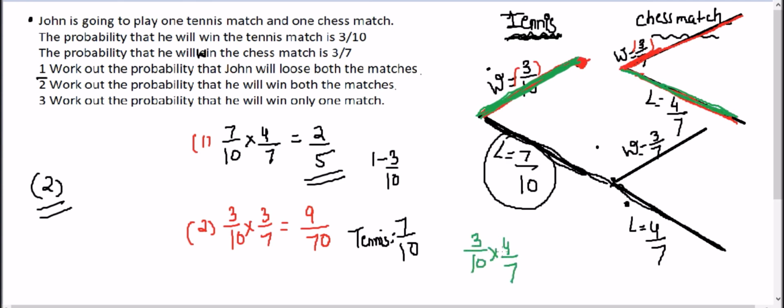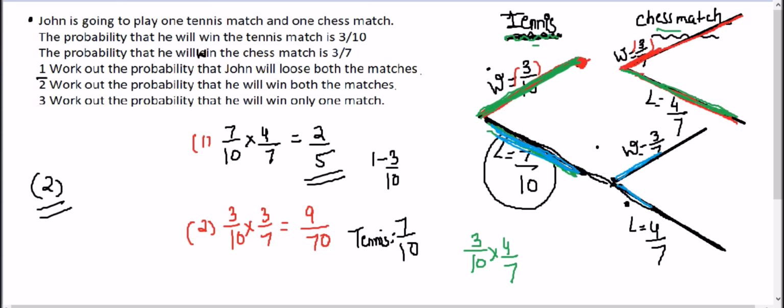But there is another option also. In this option he is winning tennis but losing chess. The second option is that he can lose tennis and win the chess match. So we choose the branch in which he is losing the tennis match. The probability of losing the tennis match is 7 by 10. Now this branch leads us to these two.